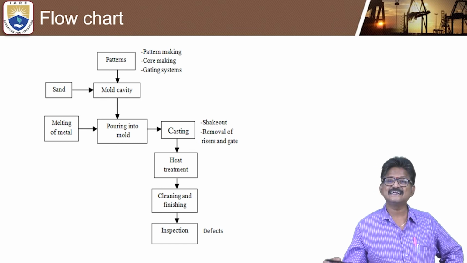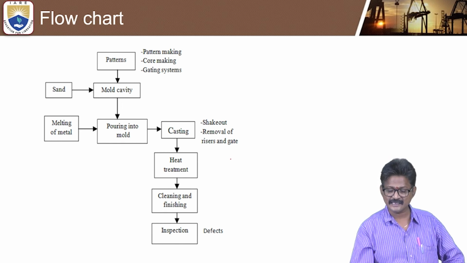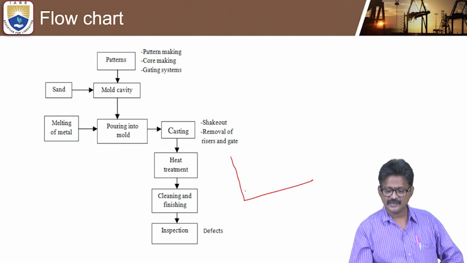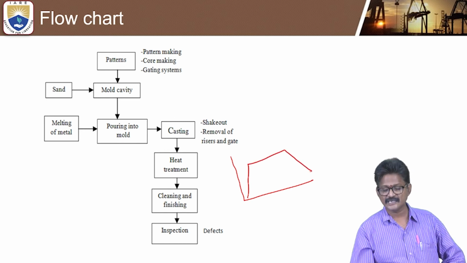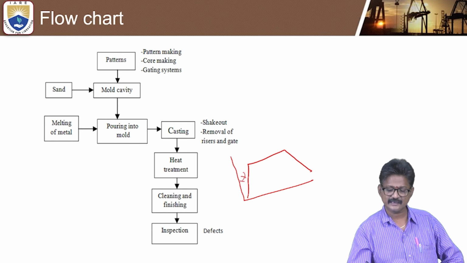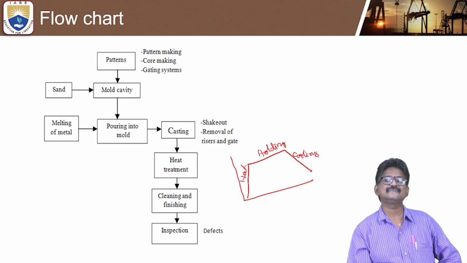As you know, the term heat treatment can be defined as the process of heating the metals, holding, and cooling. This is the general definition of the heat treatment process.